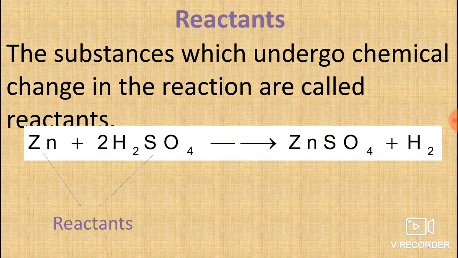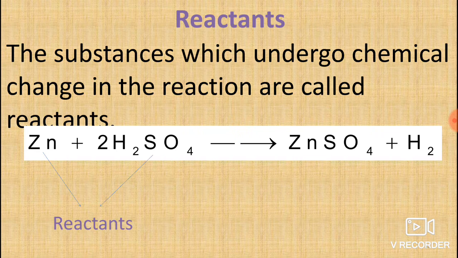So see, the substances which undergo chemical change in the reaction, that is, the substances present on the left hand side, are called reactants. See one example. What is Zn? Zinc. The zinc symbol is Zn. Sulfuric acid, the formula is H2SO4.